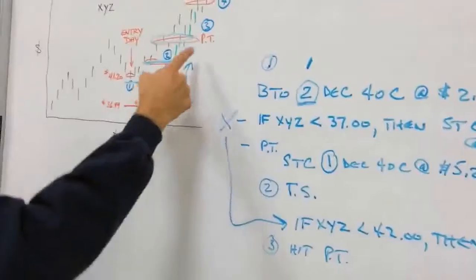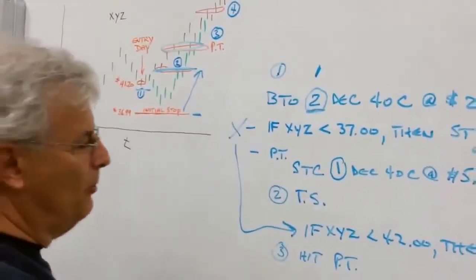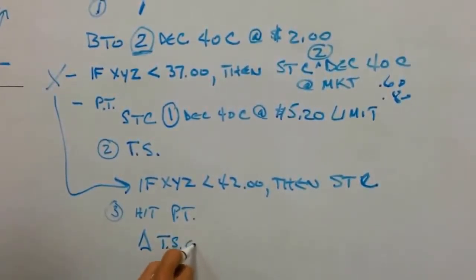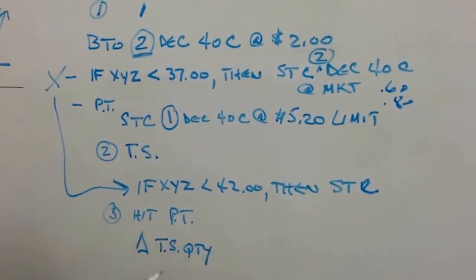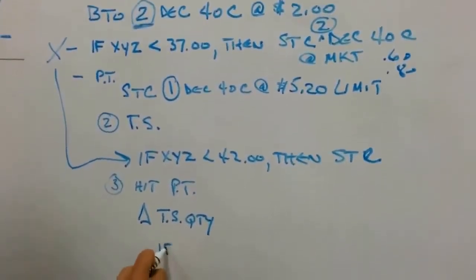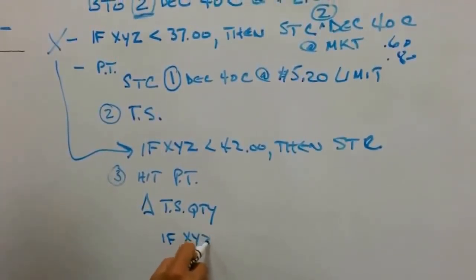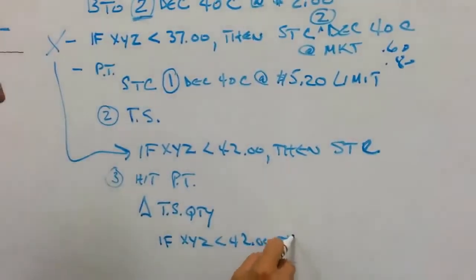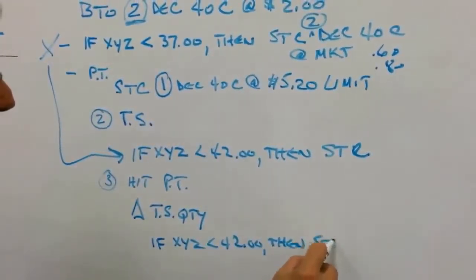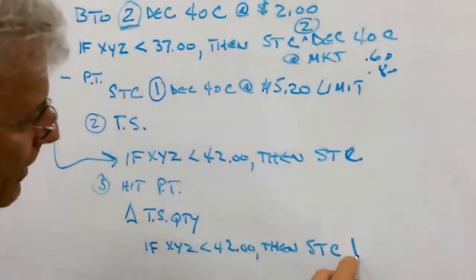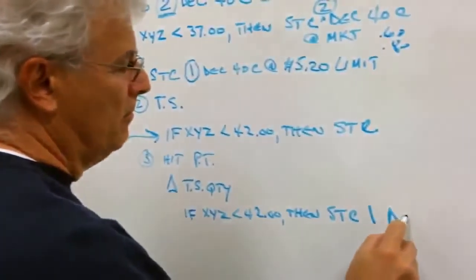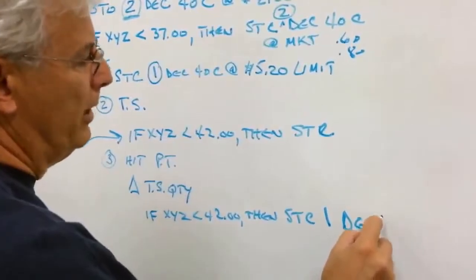But now we've already sold half, and so we have to change the trailing stop quantity. So now it becomes, if XYZ is less than 42, then you sell to close 1, the remaining contract, 1 December 40 call.